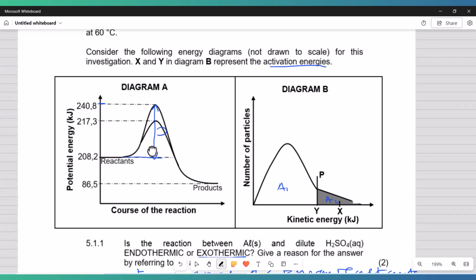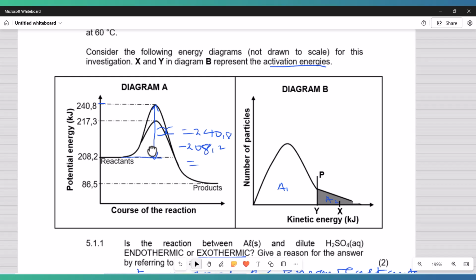Now to get this X, what do we do? We subtract the height. We say 240,8 minus 208,2, and what do we get?